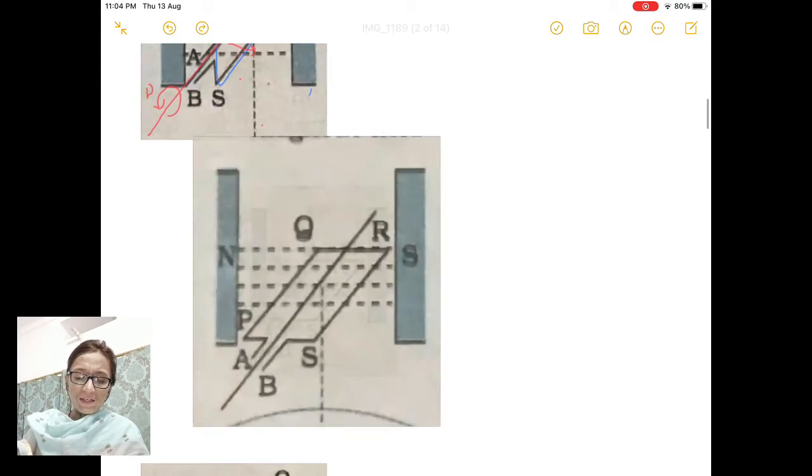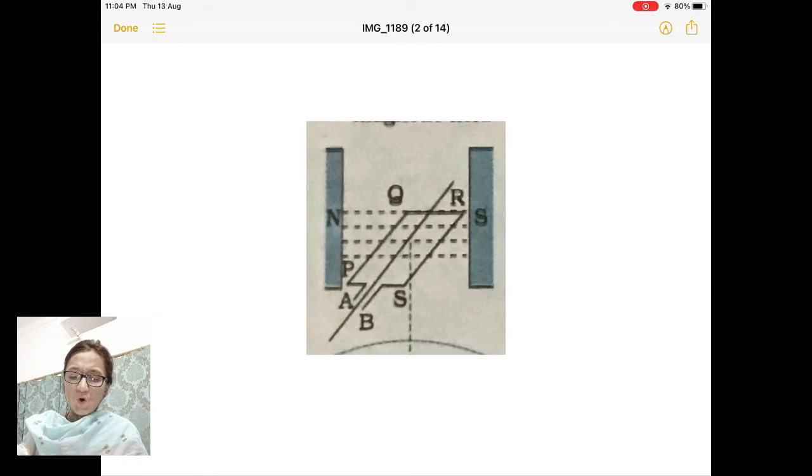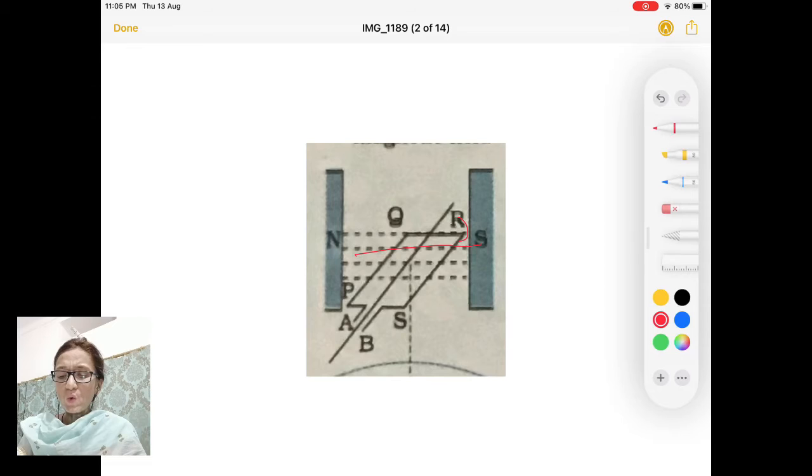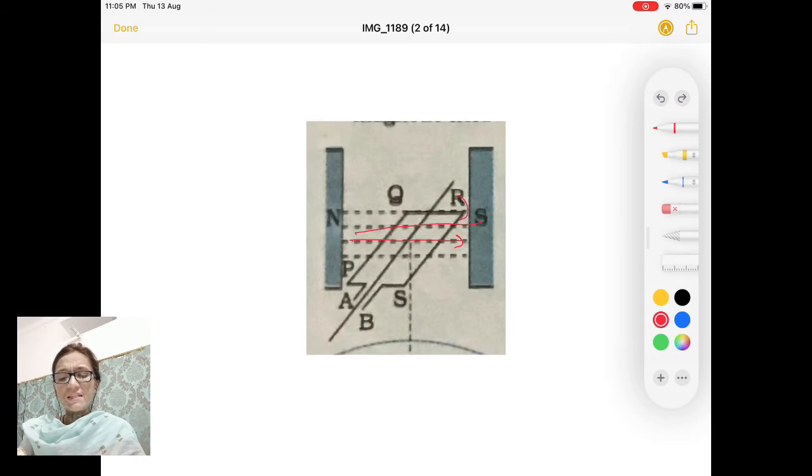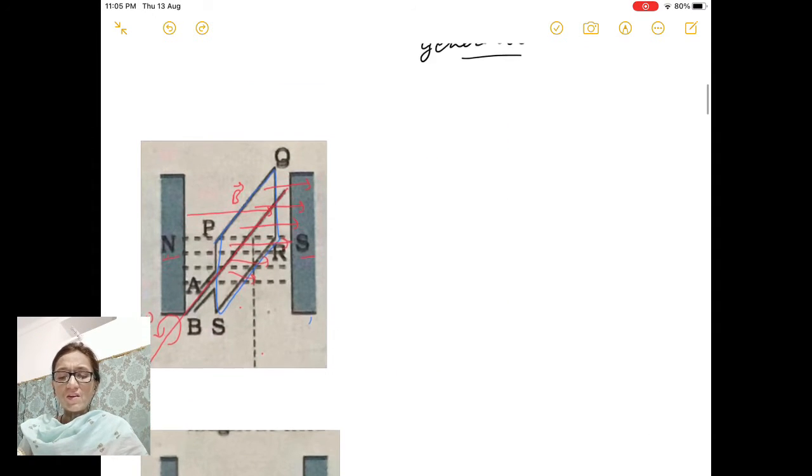Now while rotating, when it becomes horizontal and parallel to the magnetic field, in this condition you can see no lines pass through the coil. The lines are just parallel to this rectangular coil. Flux is not passing through the coil. So you can see that the flux through the coil changes due to rotation of the coil.